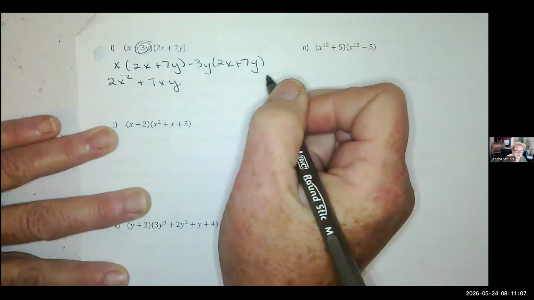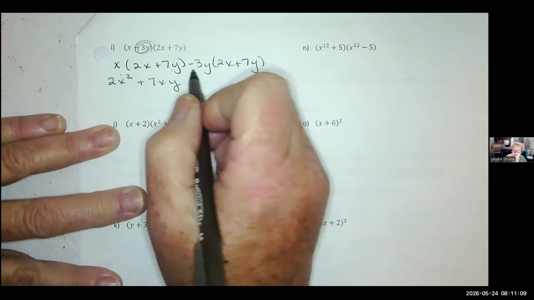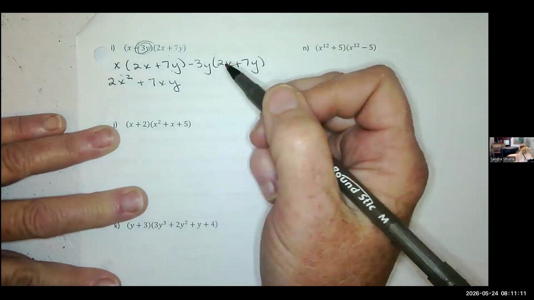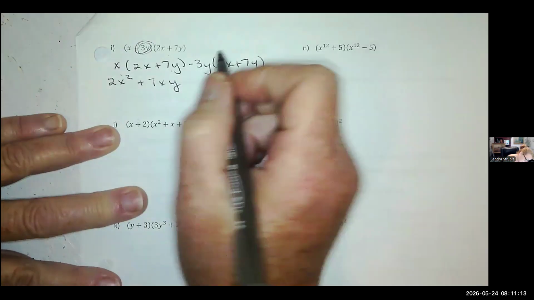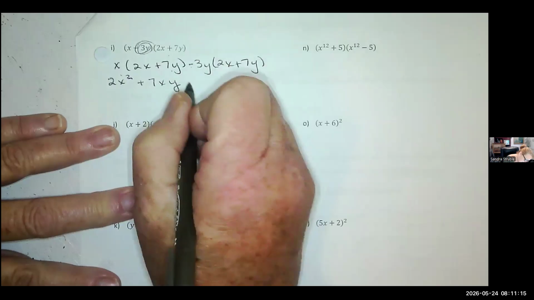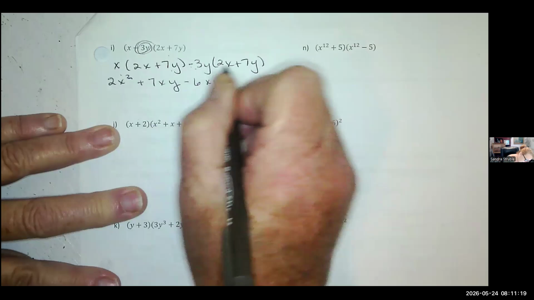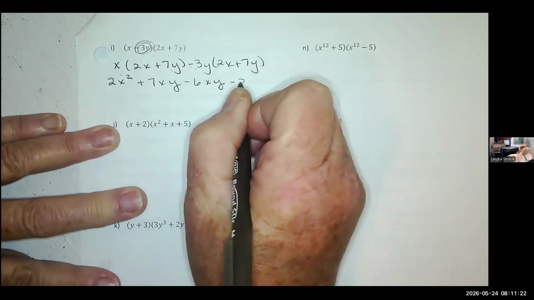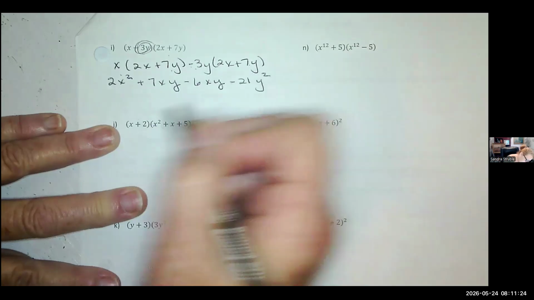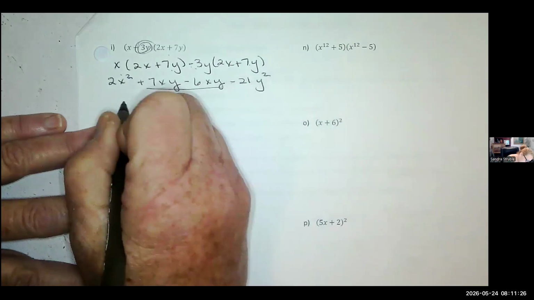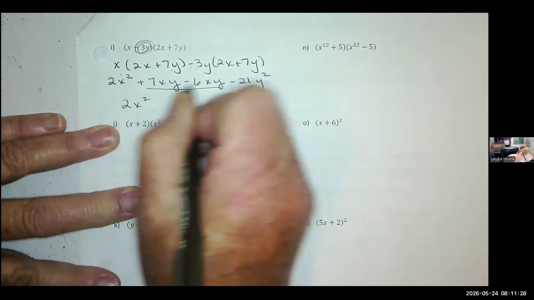I just like to put my variables in order alphabetically. So negative 3y times 2x is negative 6xy. We've got xy again. Negative 3 times 7 is negative 21y squared. Combine like terms. 7 minus 6 is 1, so xy minus 21y squared.